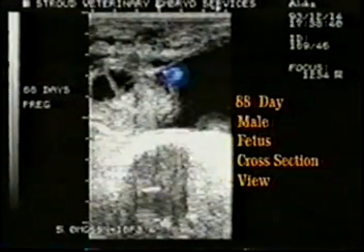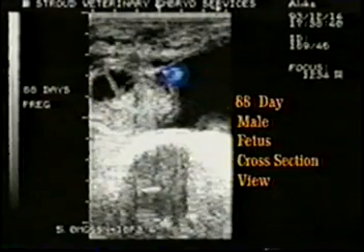Compare the blue highlighted male GT of the ultrasound to that of an actual fetus.